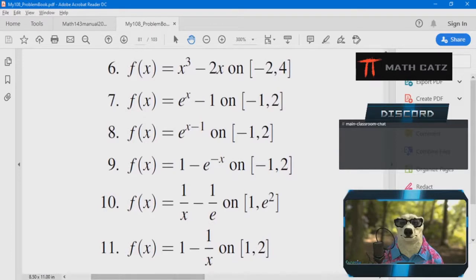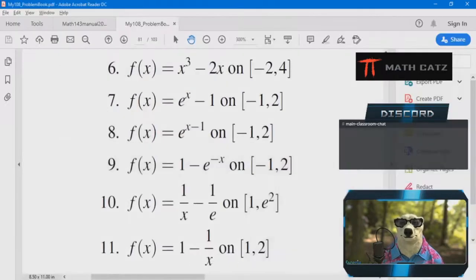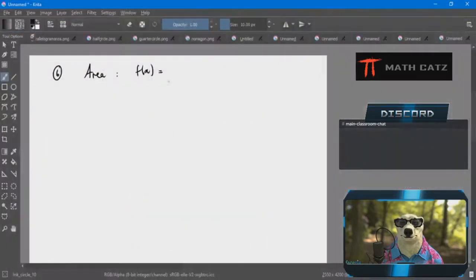Number 6. I'm looking for the area between my function, x cubed minus 2x, from negative 2 to 4. I'm not going to bother graphing this perfectly, spending a lot of time.